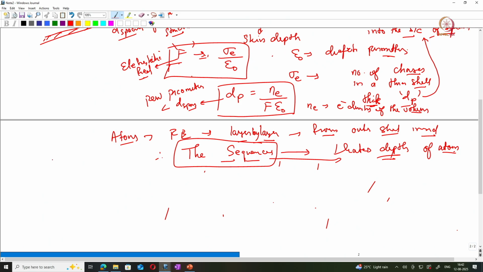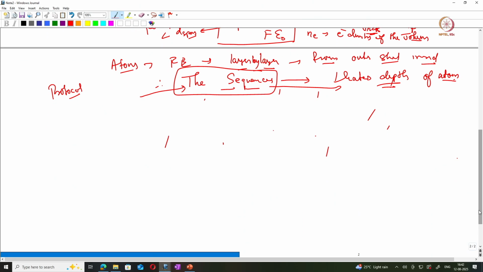Most of the protocols rely on the exploitation of this particular order or sequence of the detected ions. That's how the Z depth is created. So we'll go through some of the equations to understand how this Z is calculated. Before going to the Z, we know that the detector coordinates will be given by xd and yd.